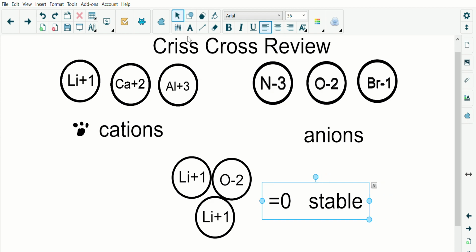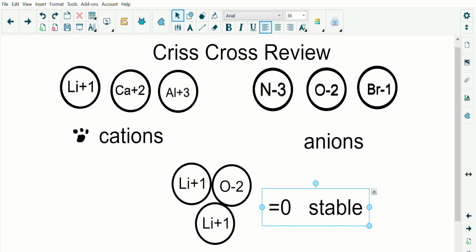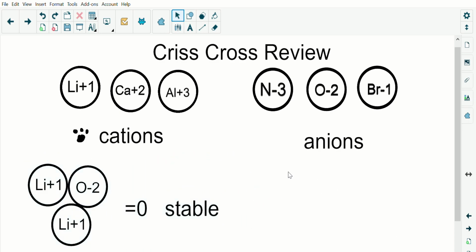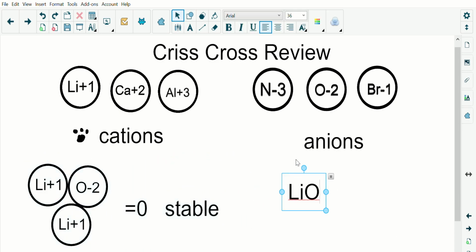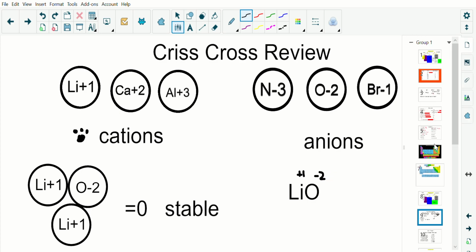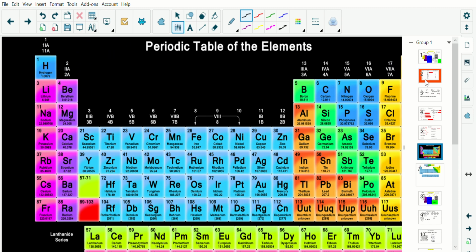So again, there's a lot of different ways to do this. This is a visual way of thinking about it. With the crisscross, what actually ends up happening as well, for those of you who would like to see it that way, if you have lithium with oxygen, and if you have a +1 with a -2, again, these are all from the periodic table. So every single person should have a way to access or label the charges on here.